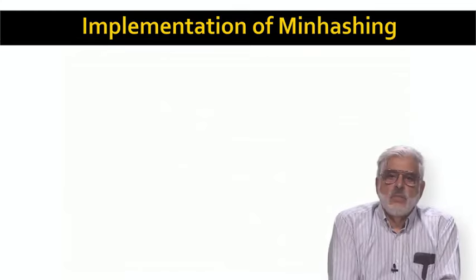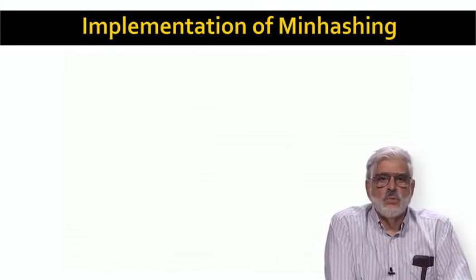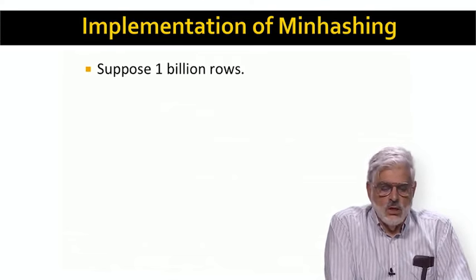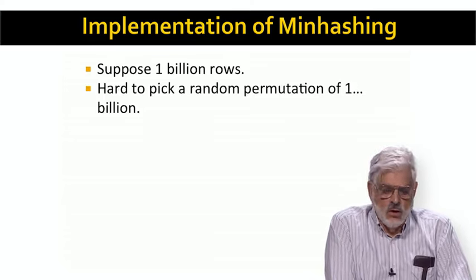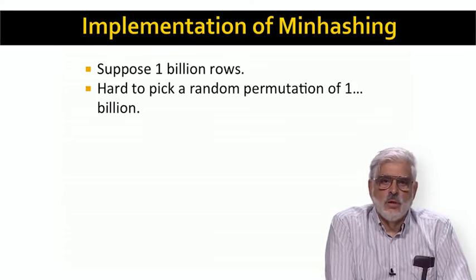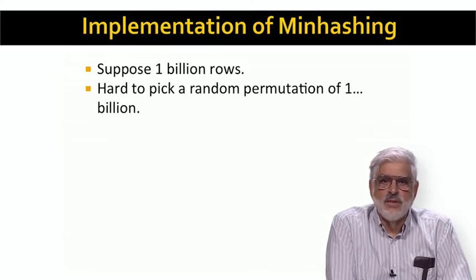Remember that we have defined min-hashing as if we actually permuted the rows, but it is not really feasible to do so. So let's consider data of modest size where there are 1 billion rows. First of all, it takes a lot of time to pick a random permutation of 1 billion things. You essentially have to generate a billion random integers and do something with each.